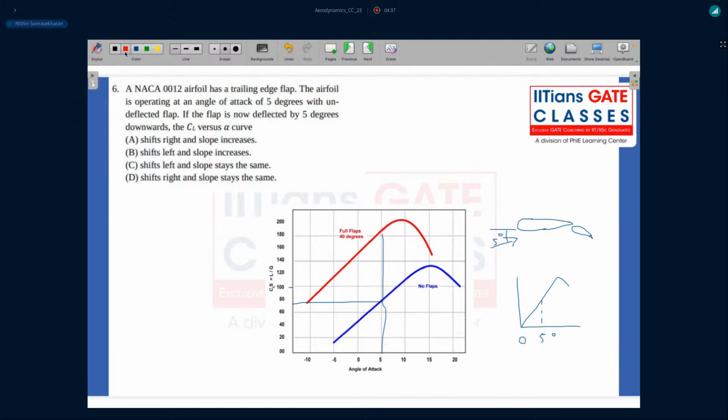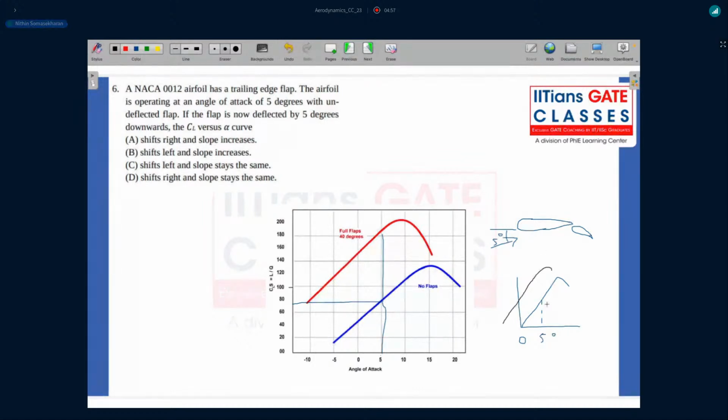So once you deflect the flaps, your CL versus alpha curve maintains the slope. As you can see, whatever was the slope initially, the slope is maintained. And there is a shift upwards and a slight shift towards the left-hand side.